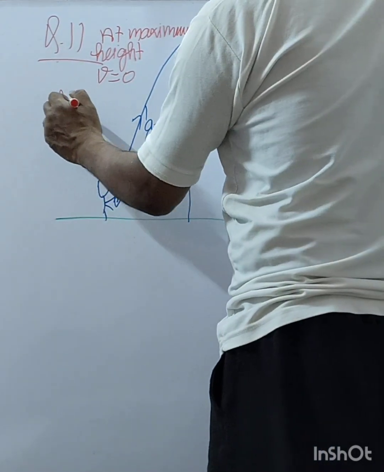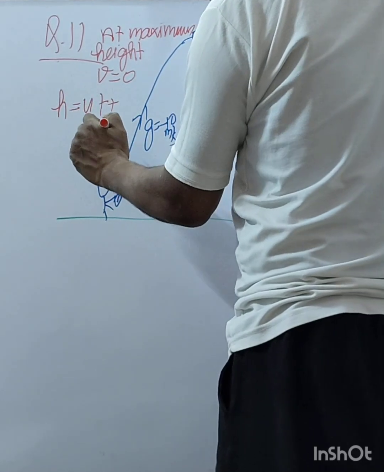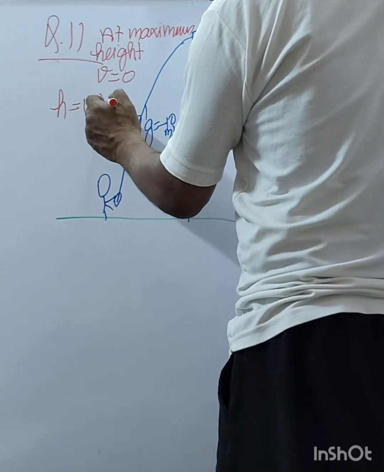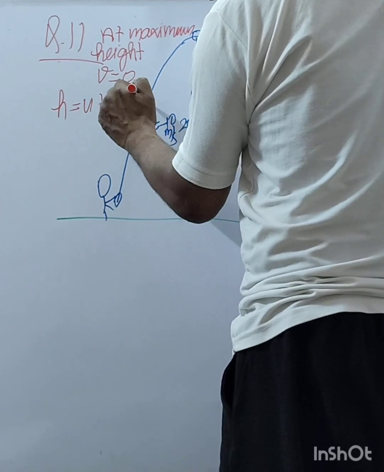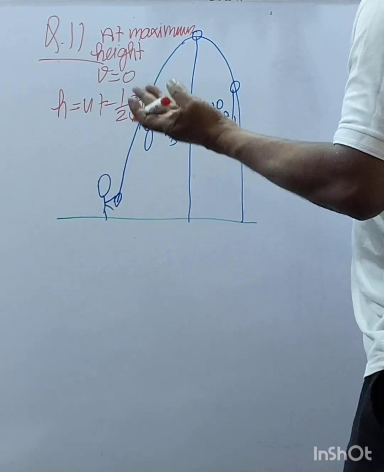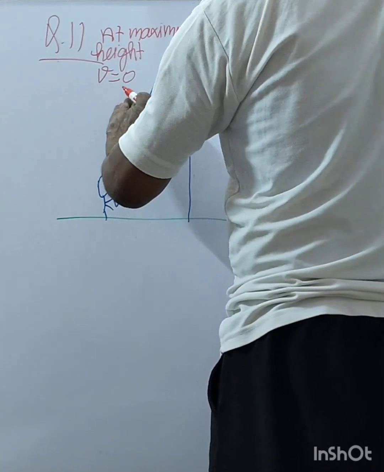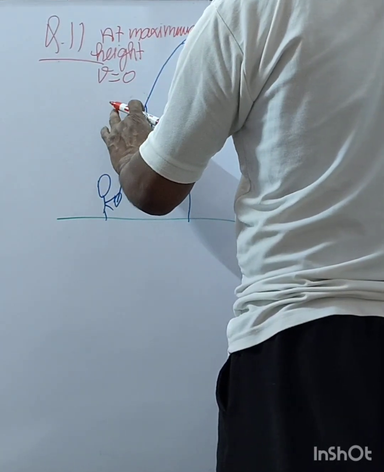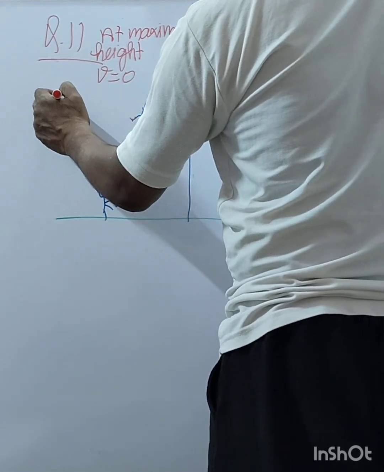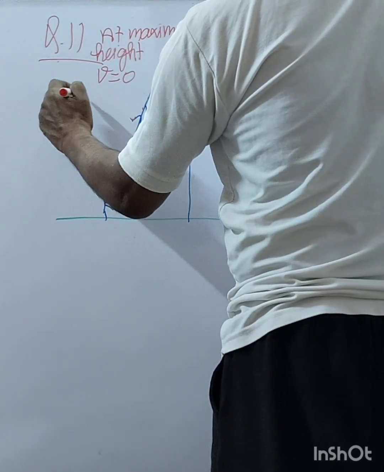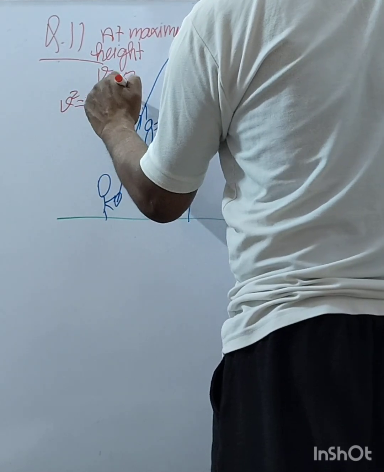Okay, H is equal to ut plus, we take here minus, half gt square. But t we do not know, so we will not use this. We will go for this formula: V square is equal to U square minus 2gh.